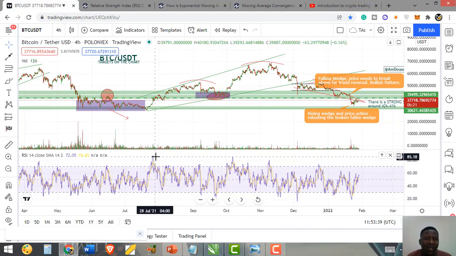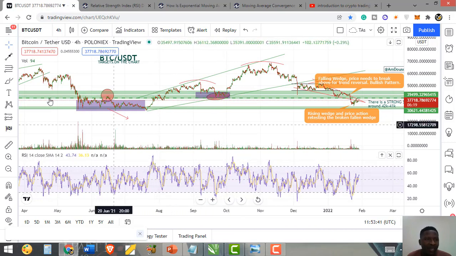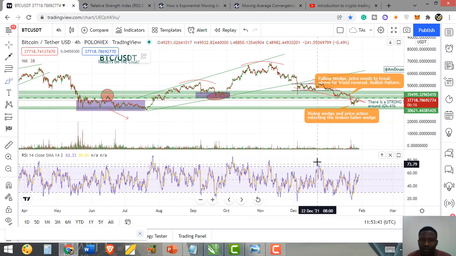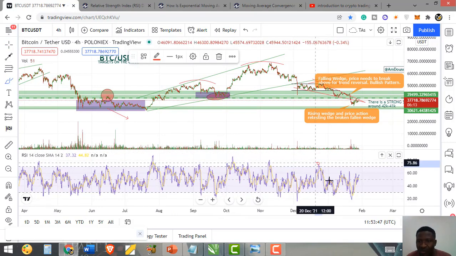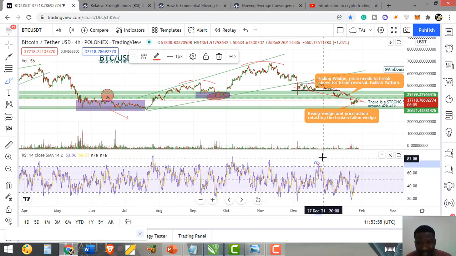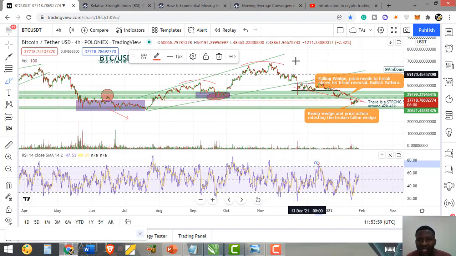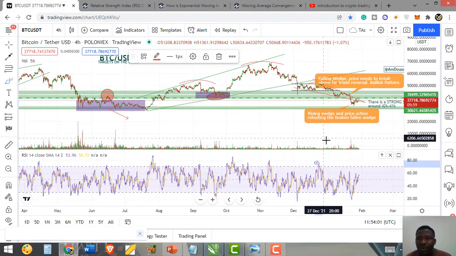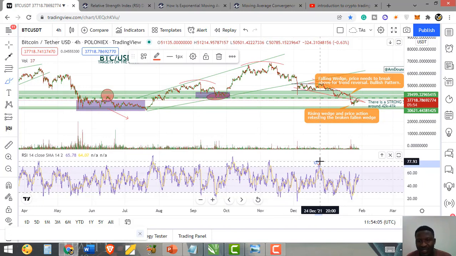So whenever it goes above 70, it shows that that particular asset, that currency pair, has been overbought by traders in that particular market. So it is not advisable to go into the market at an overbought state.